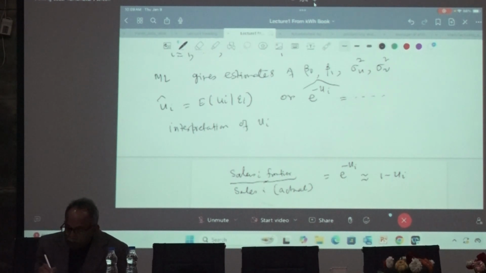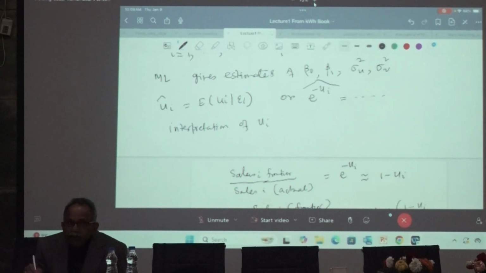So then what is U? Let me write it out like this. You can do 1 minus the frontier sales, divided by actual sales. I'm just taking the minus sign and doing this, so this is equal to 1 minus y.